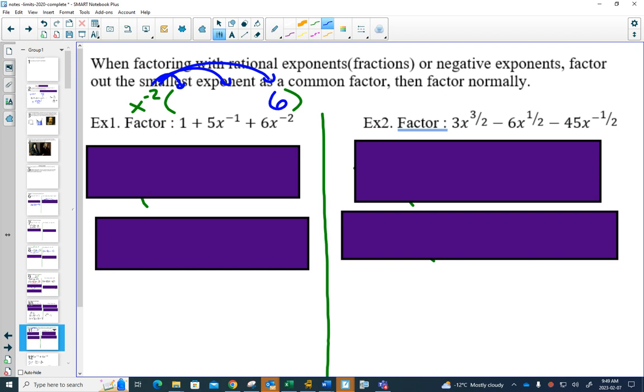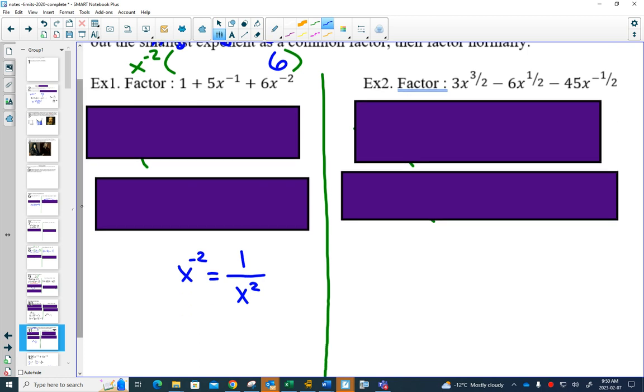So instead I imagine, what would be here? So when I take x to the minus 2 and I multiply it by something, I get 1. And a little reminder that x to the minus 2 you could also think of as 1 over x squared. So now I could also think of this as 1 over x squared times something is equal to 1. What would that something be?